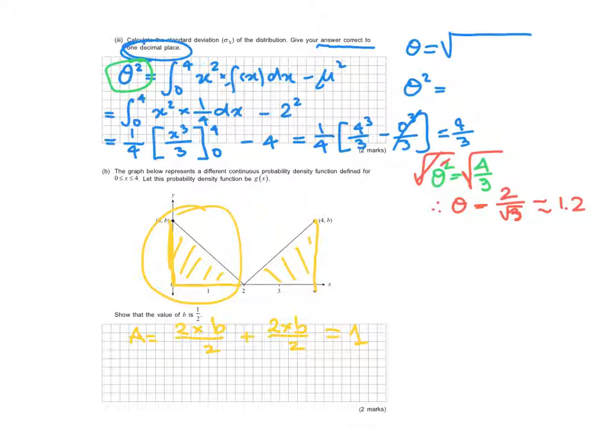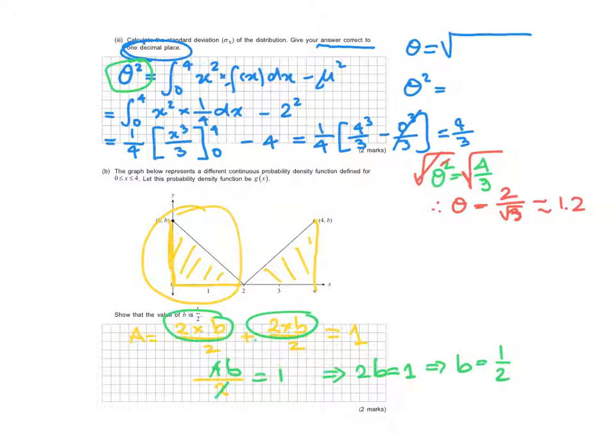We have the same denominator, so 2b plus 2b gives us 4b equal to 1, and from here b is equal to half. We can see that the majority of the data is on this side and this side.